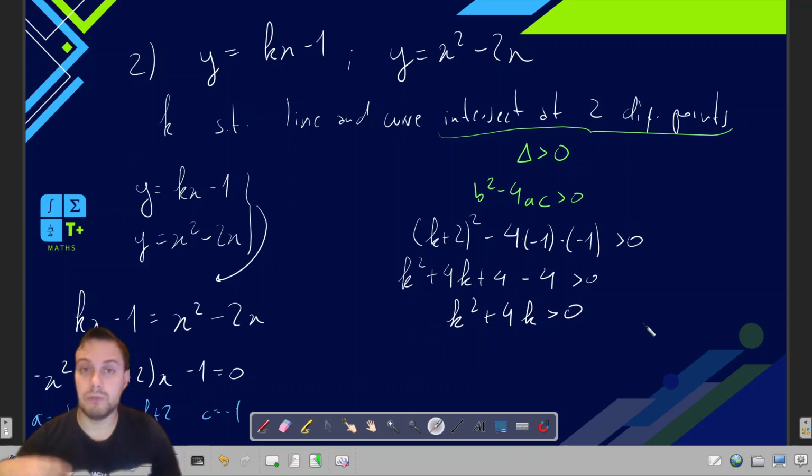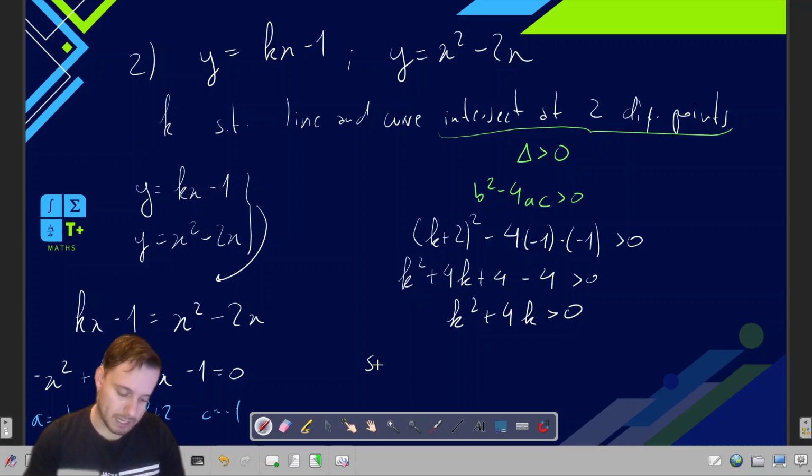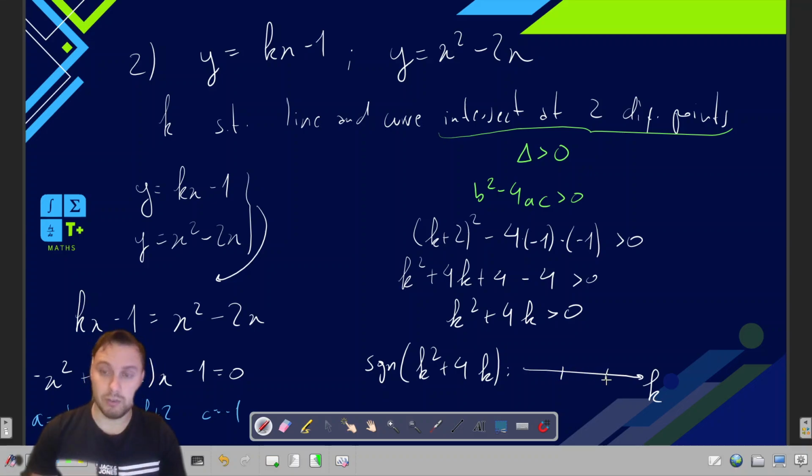How do we do it? We did this in a previous video, where we worked on how to solve inequalities, and we said that one method was studying the sign. The sign of k squared plus 4k. We know that this has two roots, which I believe you can find: 0 and negative 4.